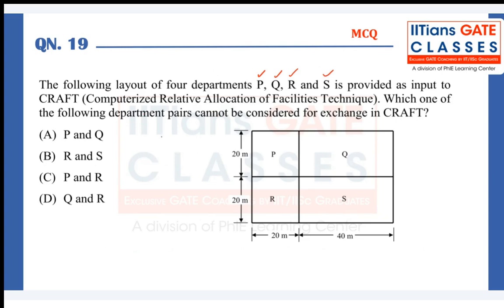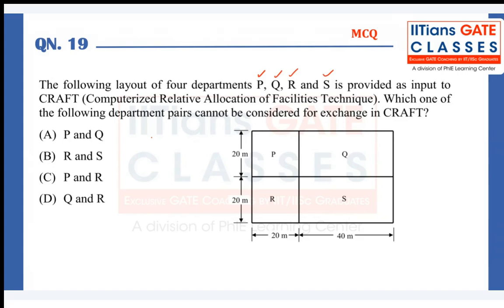For this, we have to know one thing: the departments must share a common edge, that is, be adjacent in the layout. Generally, CRAFT is used for allocation of facilities. According to the facilities we have, we allocate the work.